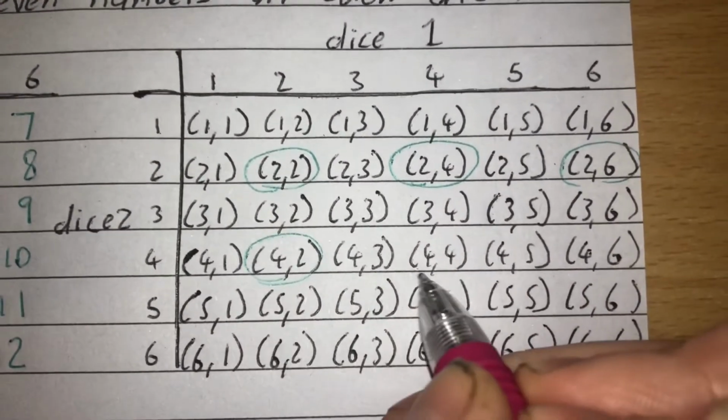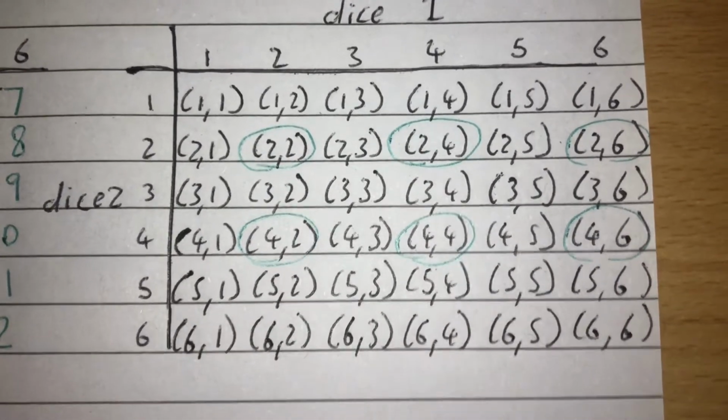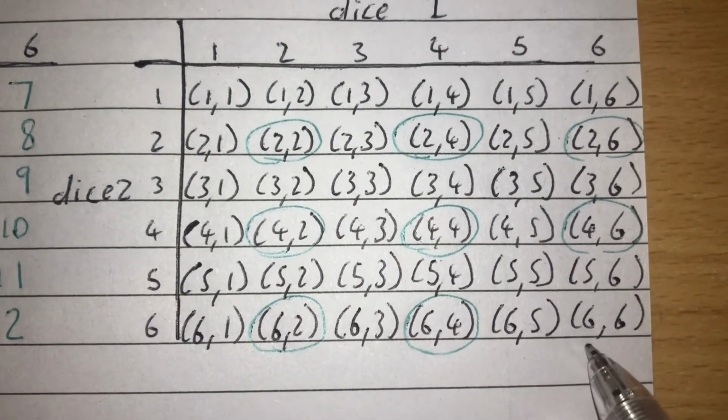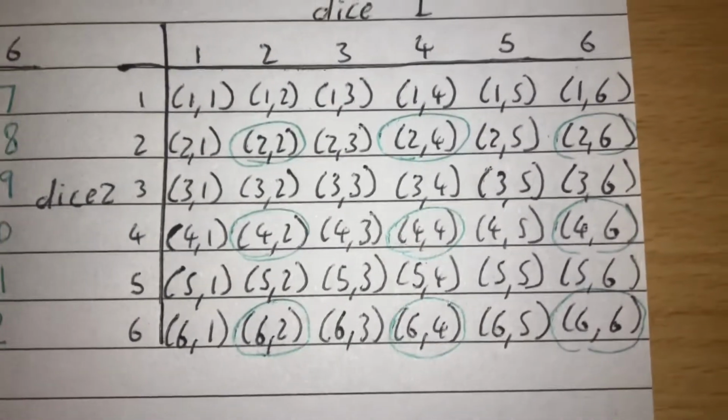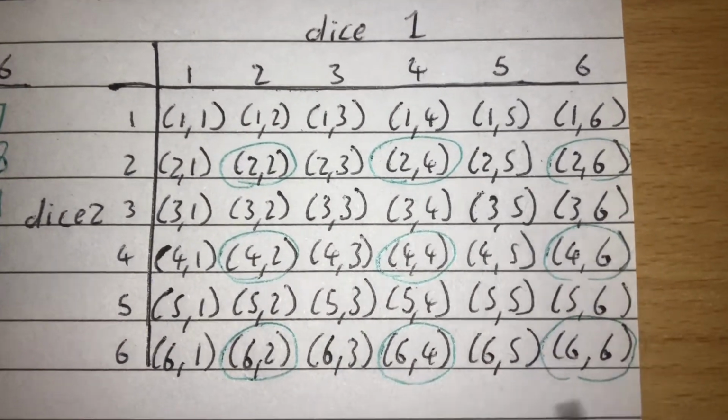4 and a 2, 4 and a 4, 4 and a 6. None of these will work because they all have 5s. 6 and a 2, 6 and a 4, and a 6 and a 6. Okay, so I have 1, 2, 3, 4, 5, 6, 7, 8, 9.